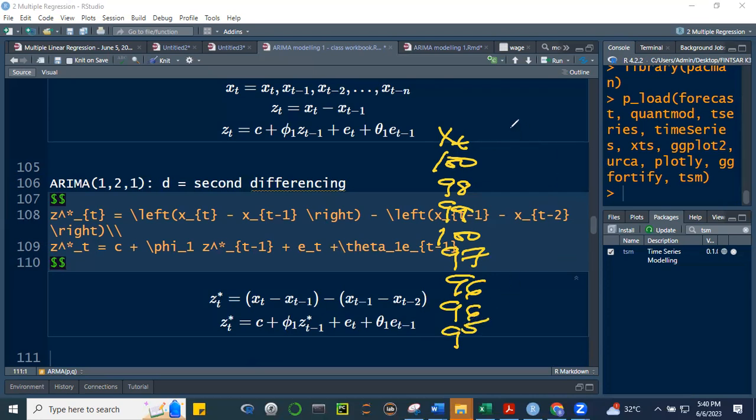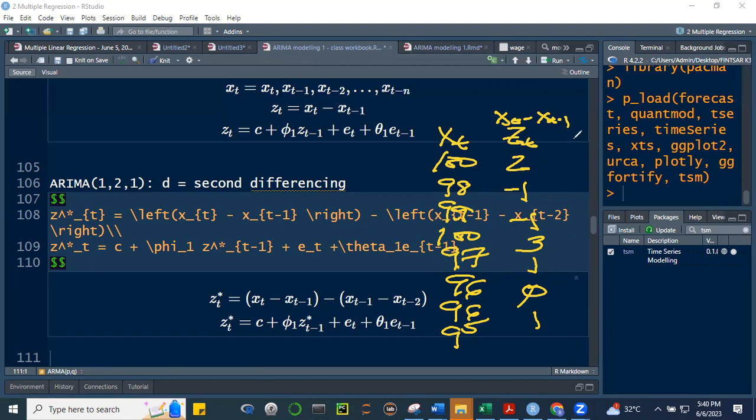So now, our z sub t, okay, which is actually your x sub t minus x sub t minus 1, ima-minus natin to. 100 minus 98 is 2. 98 minus 99 is negative 1. 99 minus 100, negative 1 ulit. 100 minus 97 is 3. 97 minus 96, 1. 0, 1. So this is now your z sub t, your difference series.